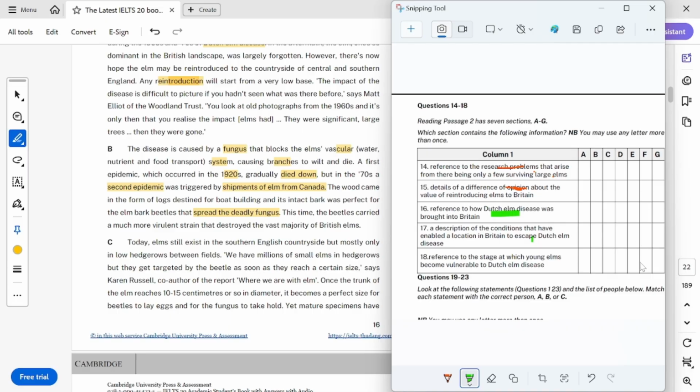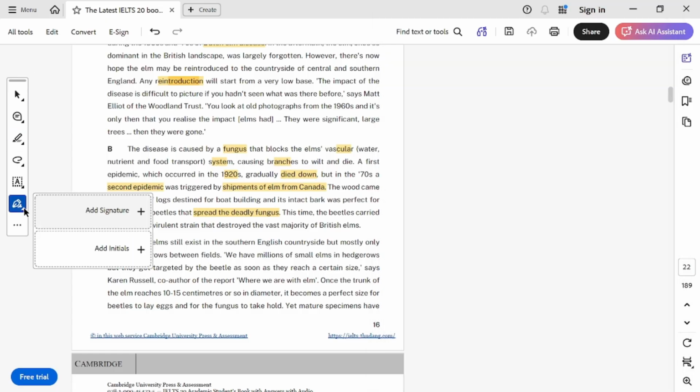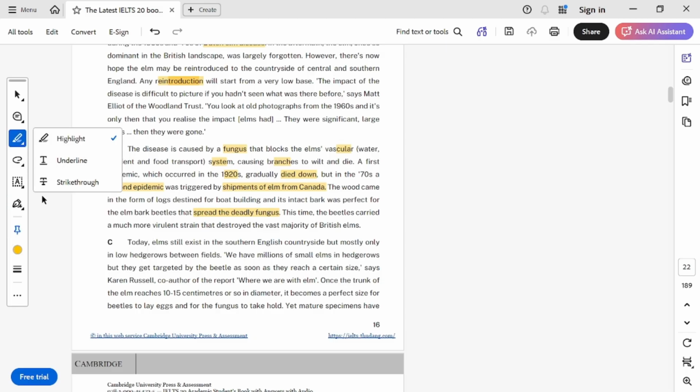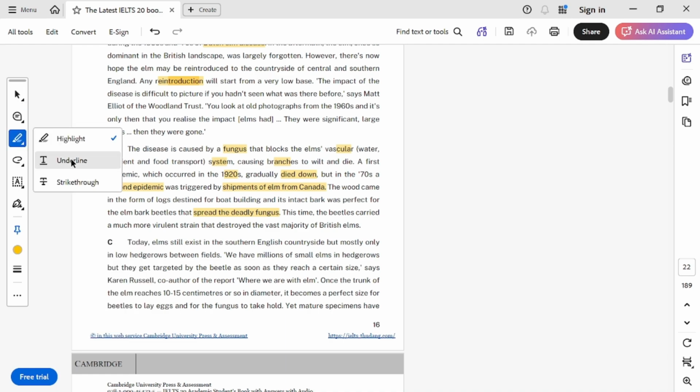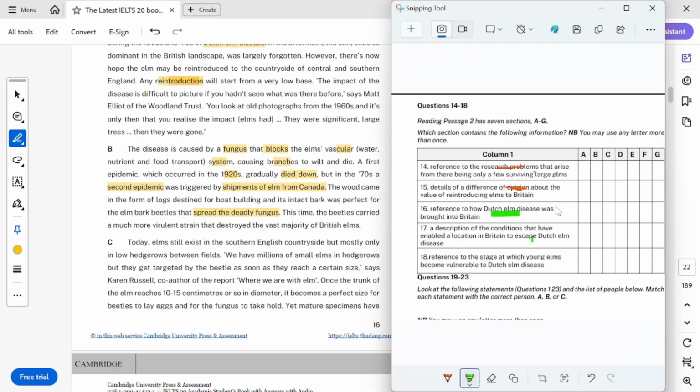Question 16, paragraph B. So we get our answer: question 16 answer will be B. We will write B. Now we will move to paragraph C.